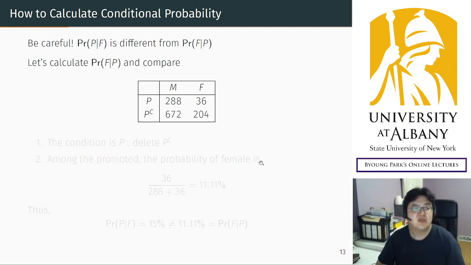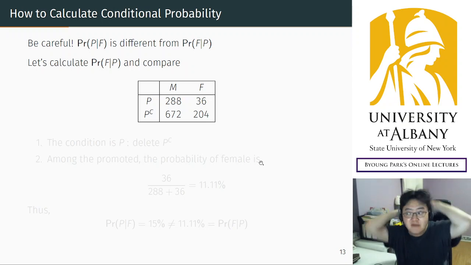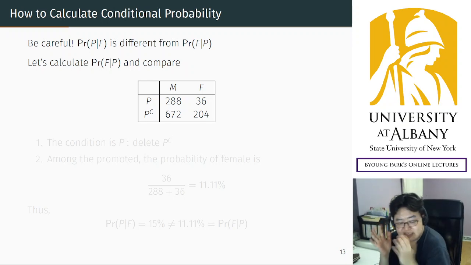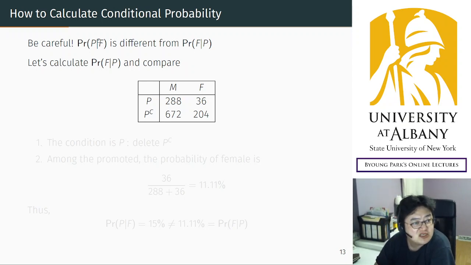Another thing you should be careful about is, as I said, the condition comes after the bar, but a lot of students are confused about what the condition is. It's particularly dangerous because P given F is different from F given P, right?